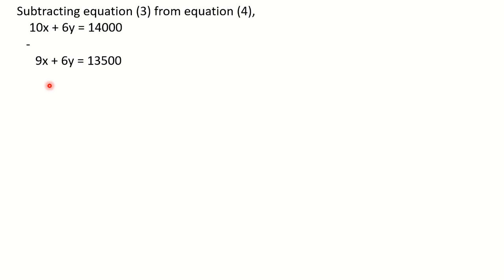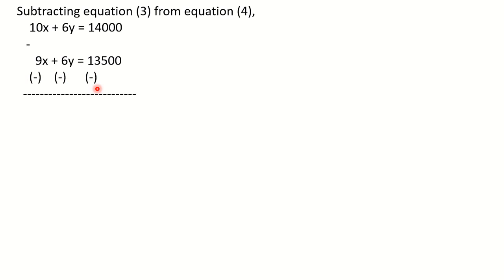Then I told you that whenever we are subtracting, we need to change each and every sign here. So all the positive signs are going to become negative. Don't forget this step. In brackets, you write down the changed sign. See, plus has become minus. Here also plus has become minus. Here also plus has become minus.